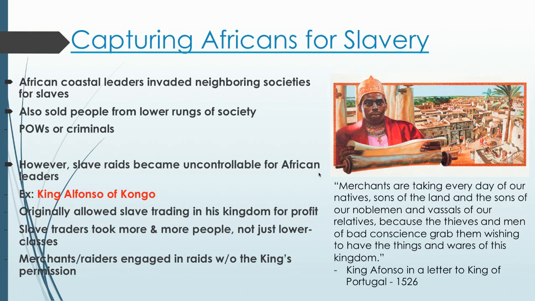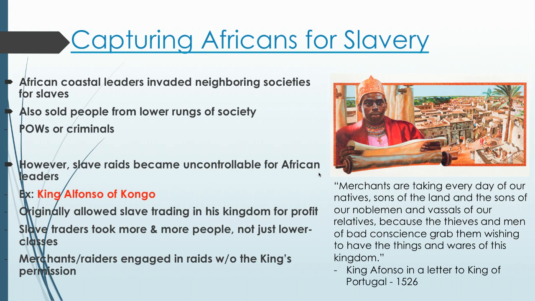But people that were traded were prisoners of war, criminals, lower ends of society. However, when slave trading became so successful, that's when slavers started breaking the laws of these West African kingdoms and coming in and capturing people that were not, in fact, meant to be traded by the kingdom's laws.